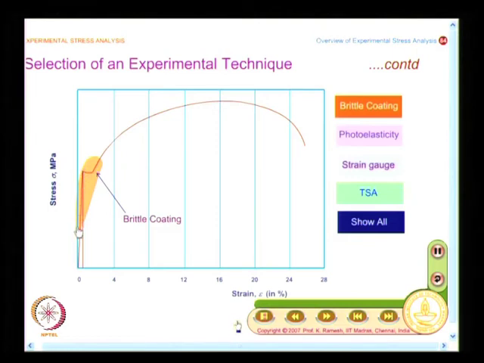So, we talk much below that, and we can't go to lower strain levels in brittle coating, and this has been used to identify plastic deformation. This is the typical range where brittle coating can be employed. What you need to worry about is the end point and the start point, roughly this range.